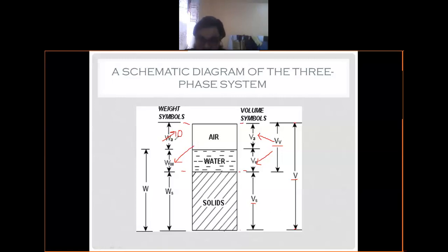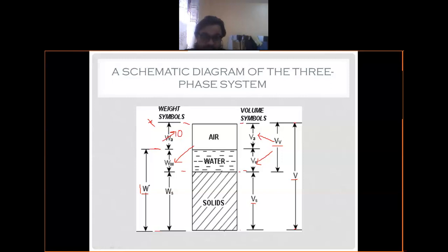So if this is the case and you want to find the total weight, capital W, this capital W will go from here to here only, not up to this level, since Wa is negligible.